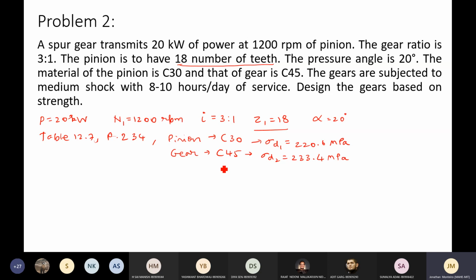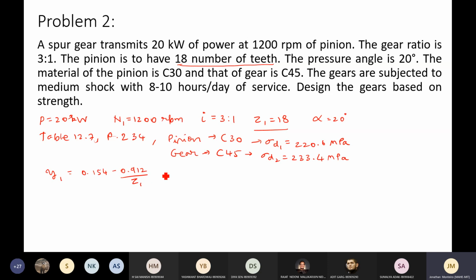Now what do we want? You want to compare, right? Which is the weaker member? Materials are different, so you need to find out. So the Y equation, that is the form factor. For pinion, Y1 is 0.154 minus 0.912 by Z1.